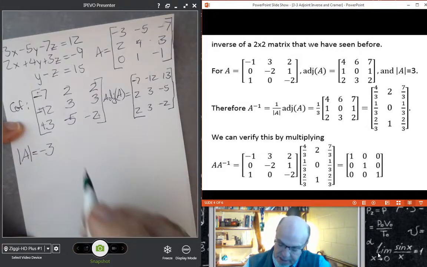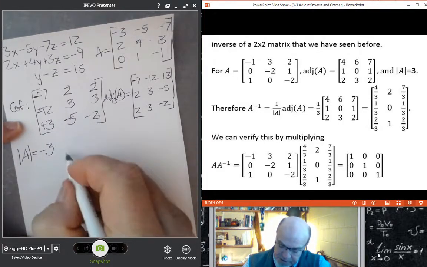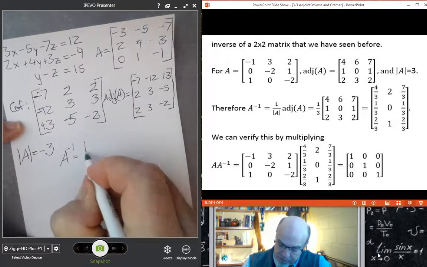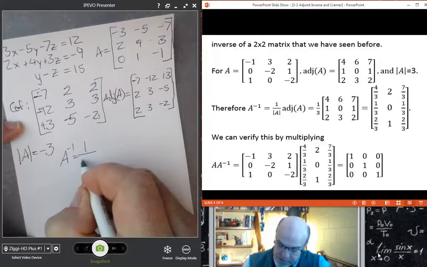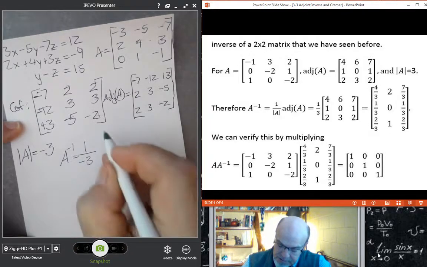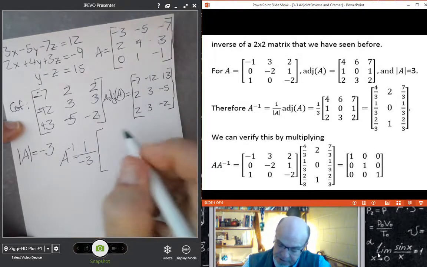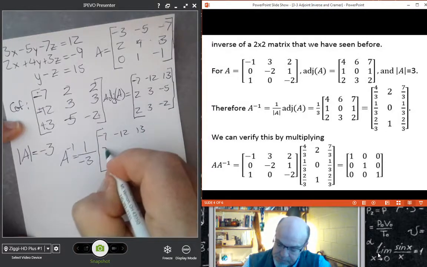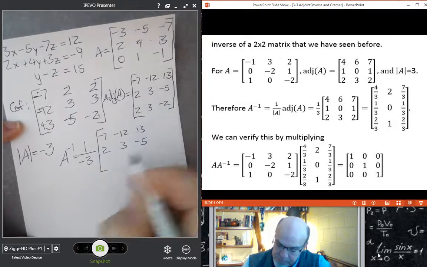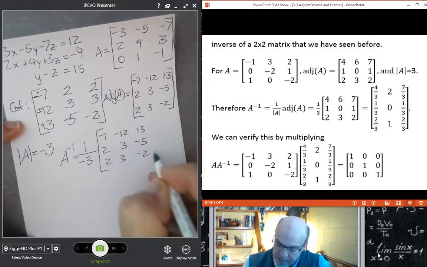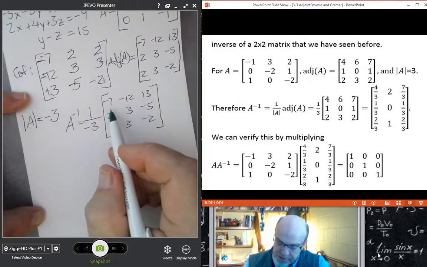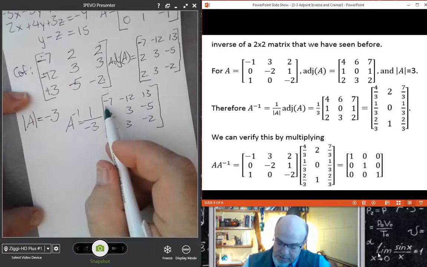And so what we get for the inverse of A, that's 1 over the determinant, which is negative 3, times this adjoint of that. And so all you're going to do is run through and divide by -3.